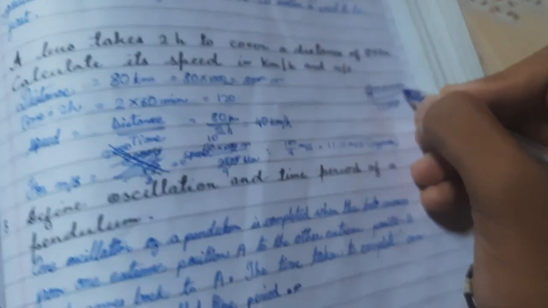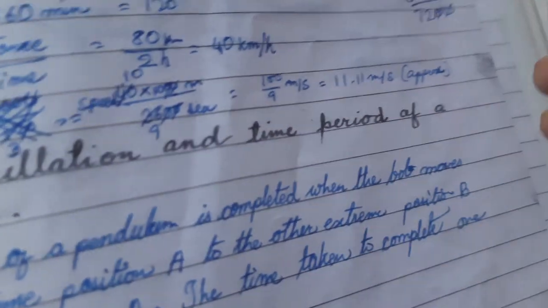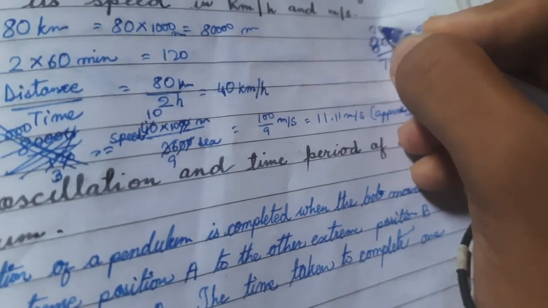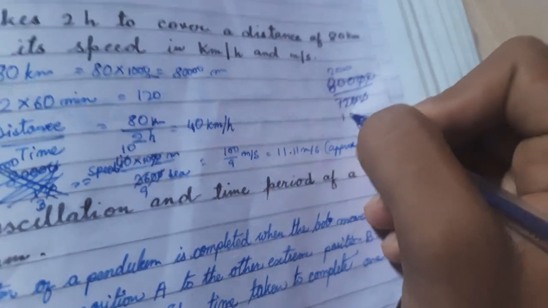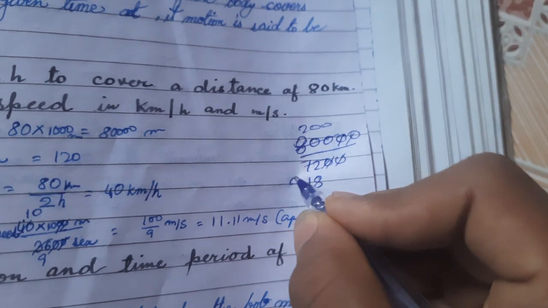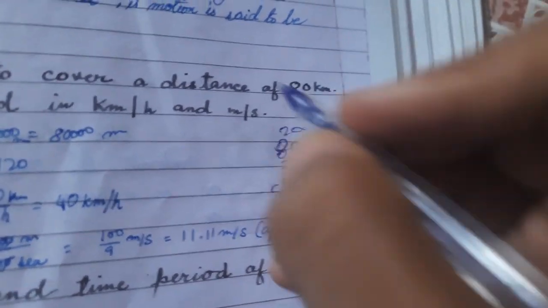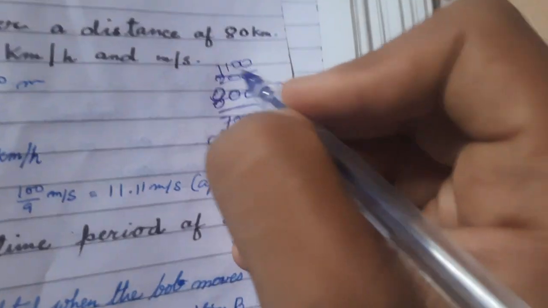Now cut these two zeros, then cut with 4, and divide by 2 again. This will be 100 by 9, or approximately 11.11 meters per second.